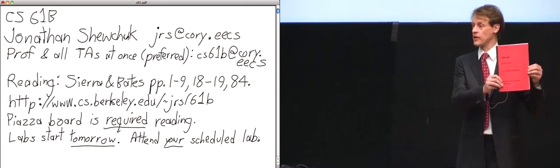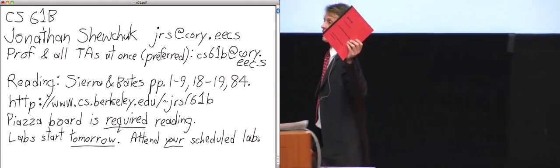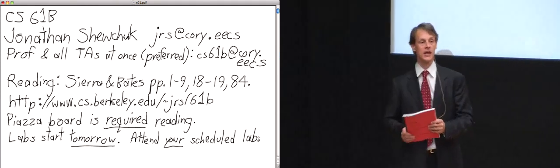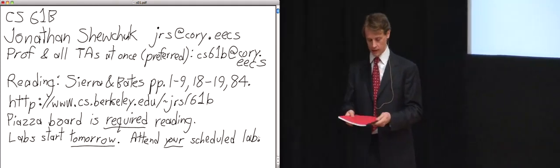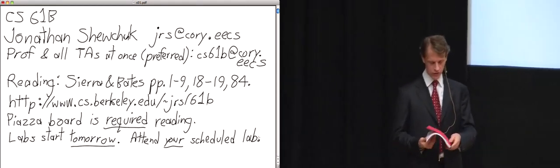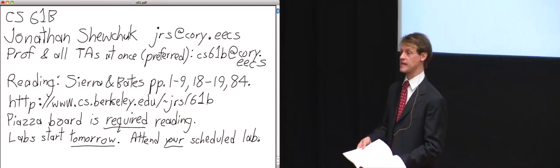Finally, there is a class reader that you should purchase, and this is available at Vic Copy, which is on Euclid Street near the corner of Hearst, so very close to Soda Hall. And the course reader, about 2/3 of it is old exams from my 61B classes.